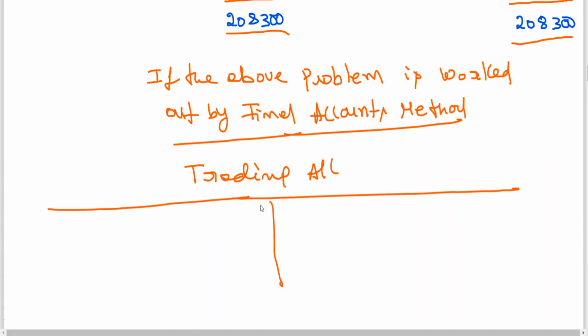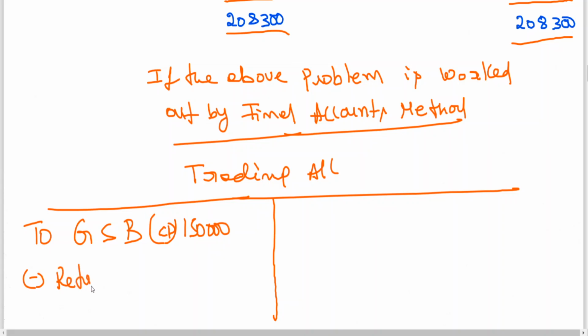No need to write the loading effect, my dear friends. To goods sent to branch, at cost price, 1,50,000 minus returns 4,000.